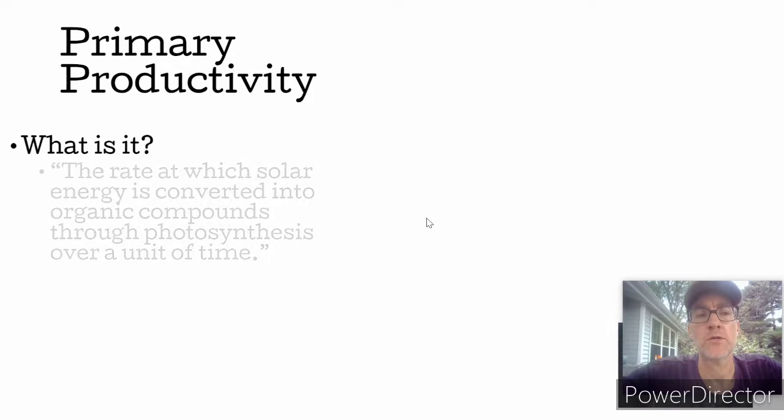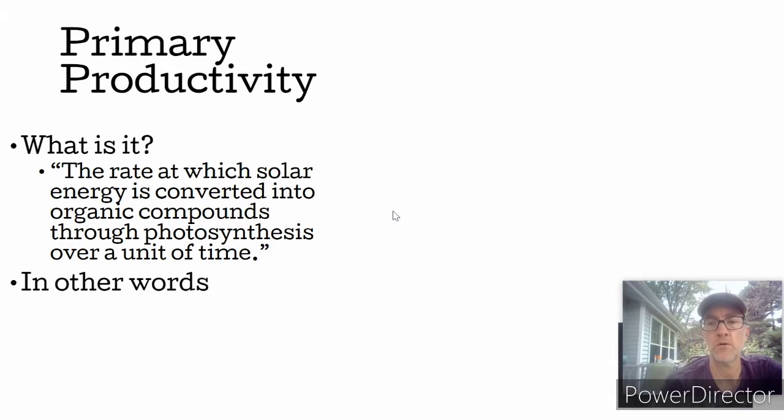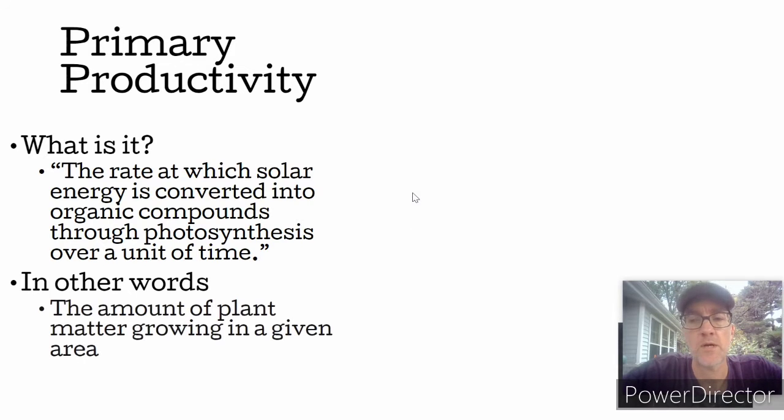Okay, so primary production, what is it? It's the rate at which solar energy is converted into organic compounds. And remember back to biology, organic usually refers to carbon-based compounds. Those are long chains, and carbon is an element that can form these long chains because it shares electrons, and can form complex compounds, such as DNA, such as polymers that make up starches and fibers, cellulose.